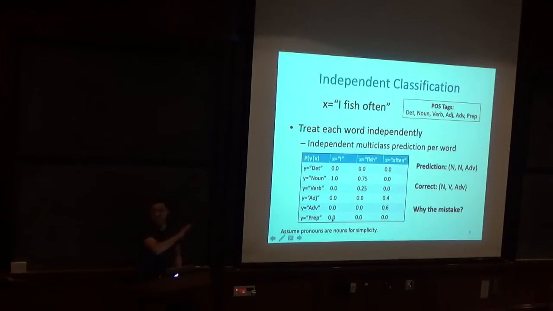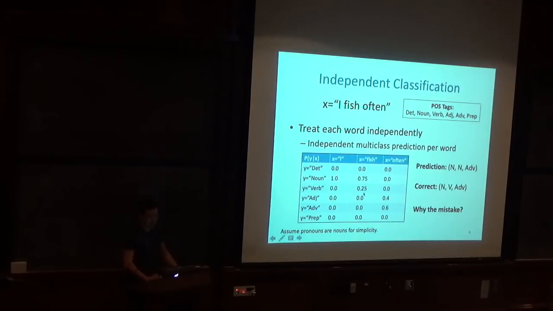This is a simple example for illustrative purposes. I am treating nouns and pronouns as the same thing, so that's why I is a noun. If the input word is fish, then with probability 75% it's a noun, and probability 25% it's a verb. Maybe that's the frequency in the training set, and so on.